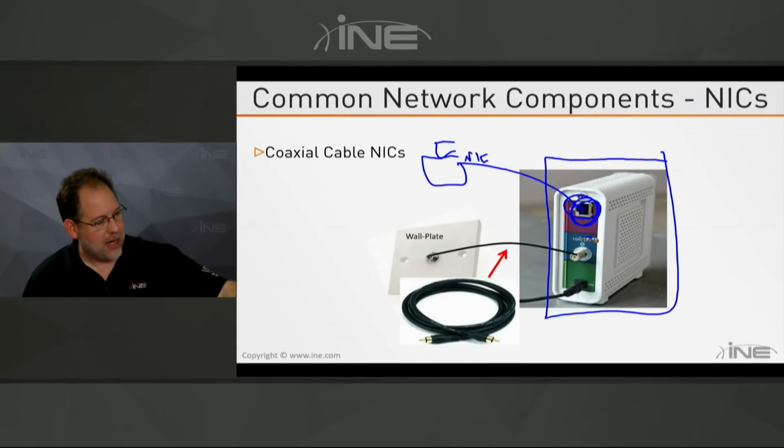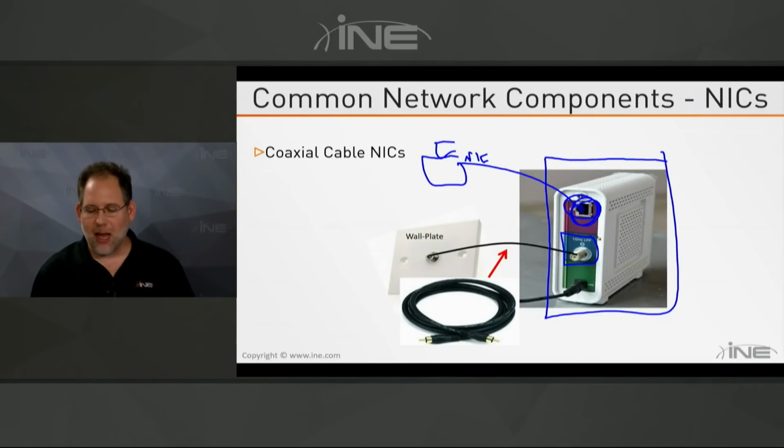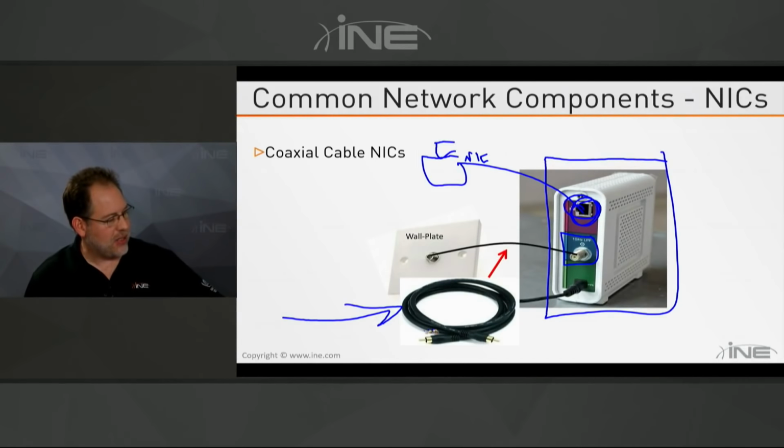And then this part right here is what we call a coaxial connector. That connects to a different type of cable right here. And you can see the ends of this are different. It's still a copper cable. If I unwrap this plastic or rubber on the outside, I'll still find copper on the inside, but there are some key differences.